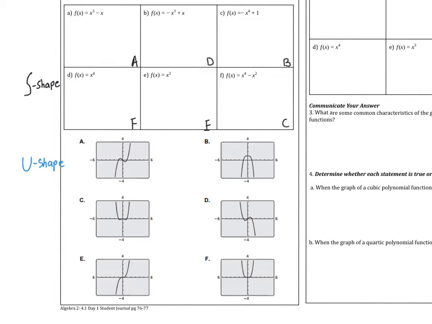Now we already have seen from the Desmos calculator that function A, x cubed minus x, matches with this graph. If you look at the x-intercepts, where the graph cuts the x-axis, they are -1, 0, and 1.